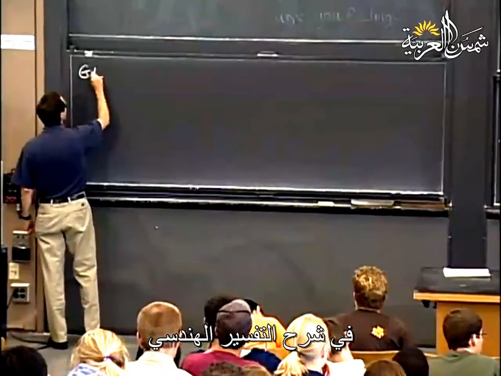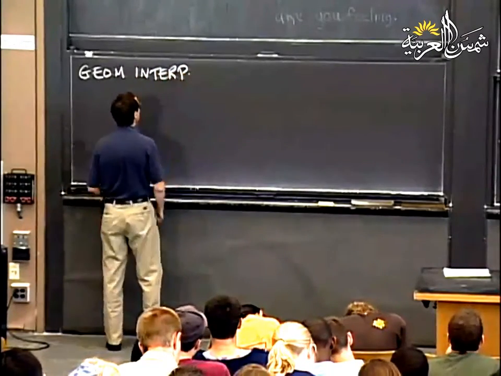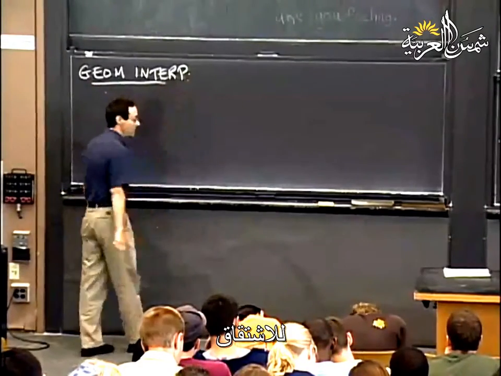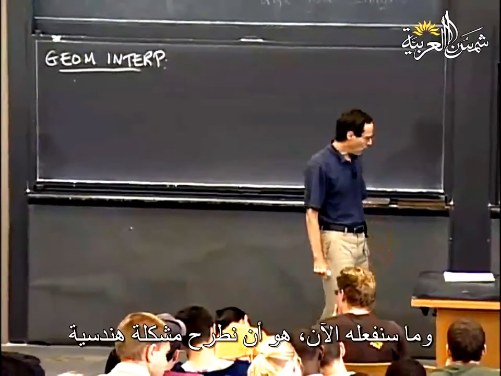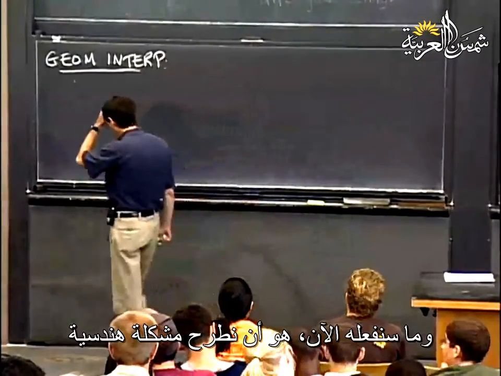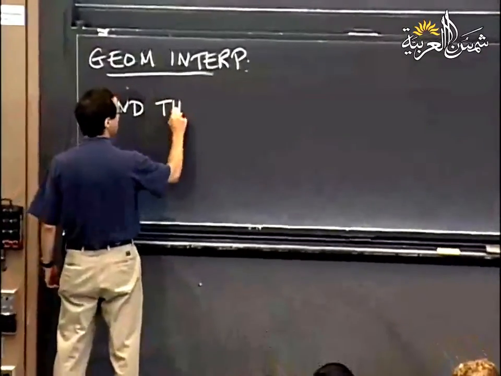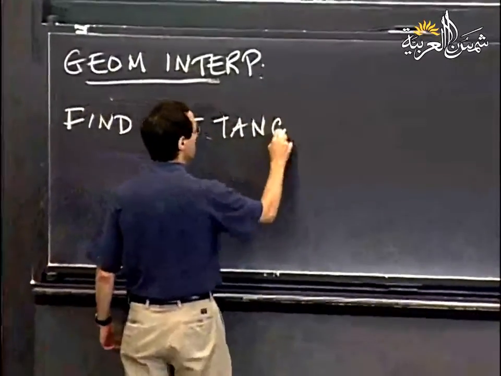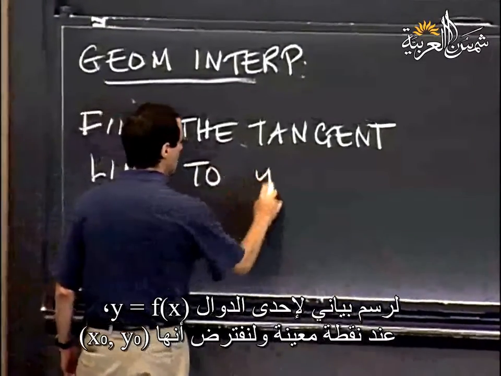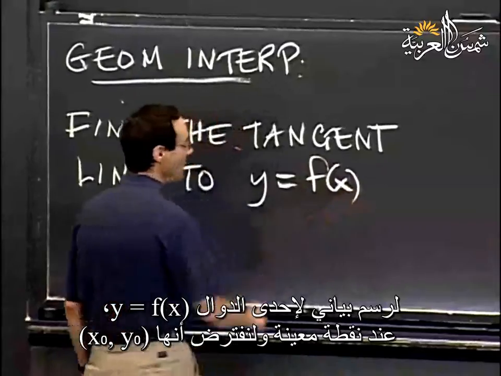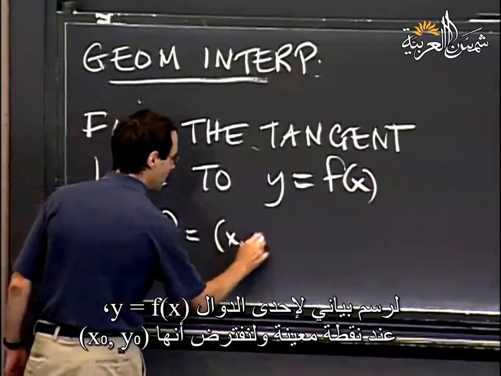So here we go with the geometric interpretation of derivatives. And what we're going to do is just ask the geometric problem of finding the tangent line to some graph of some function at some point, which is, say, (x0, y0).